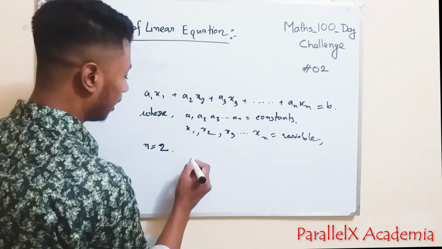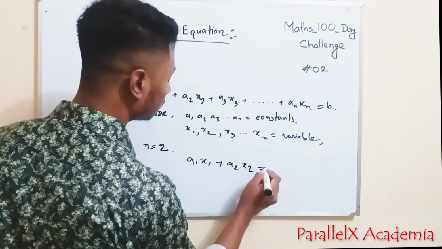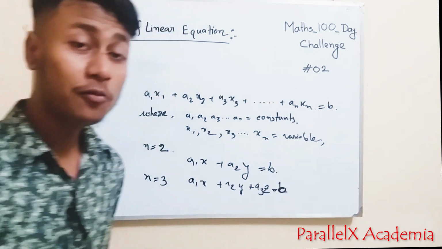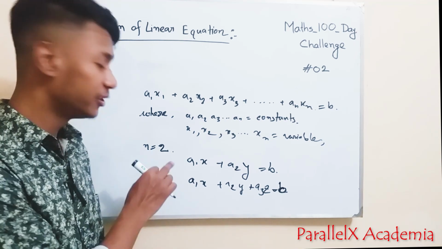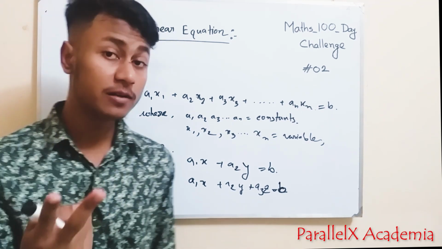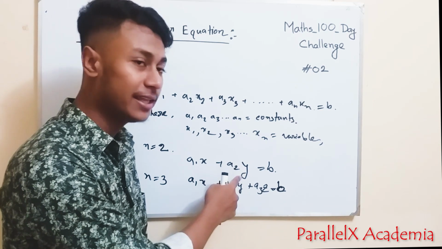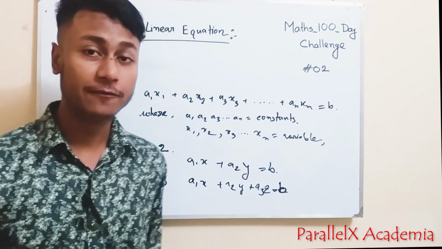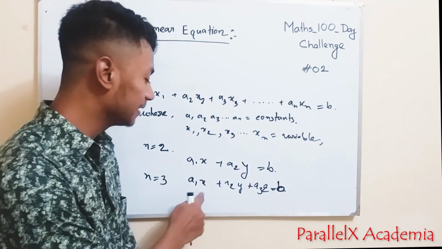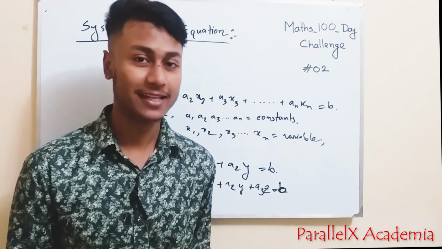That will be a1 x1 plus a2 x2 equals b. If the number of variables is 2, we can write the equation as a1x plus a2y equals b. And if the number of variables is 3, we can say a1x plus a2y plus a3z equals b. Alright, do you get it?